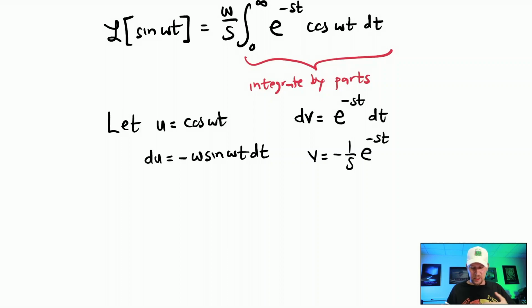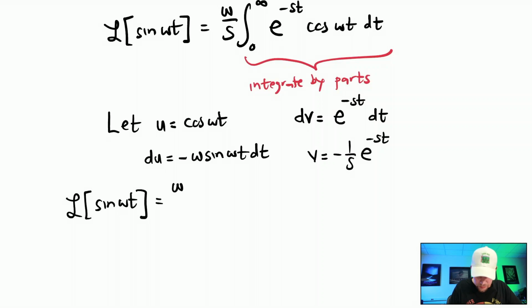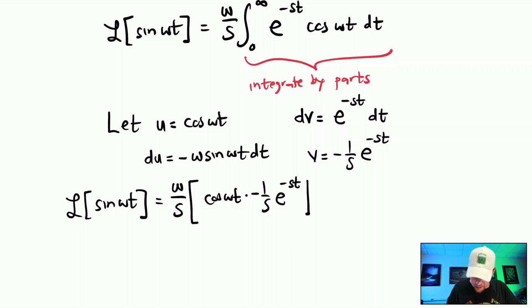Which means that, by integrating by parts, we can rewrite this as the Laplace transform of sine omega t is equal to omega over s, and it's uv. So here it is cosine omega t times minus 1 over s e to the minus st, and I'm going to evaluate as t approaches infinity and t is equal to 0.